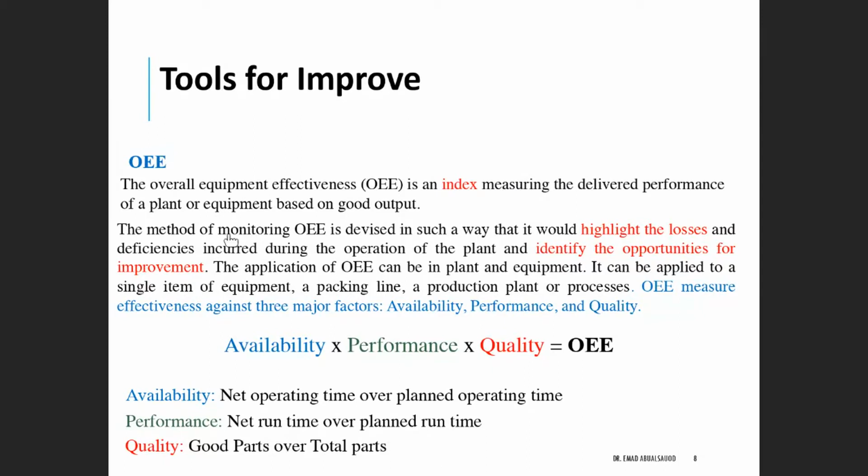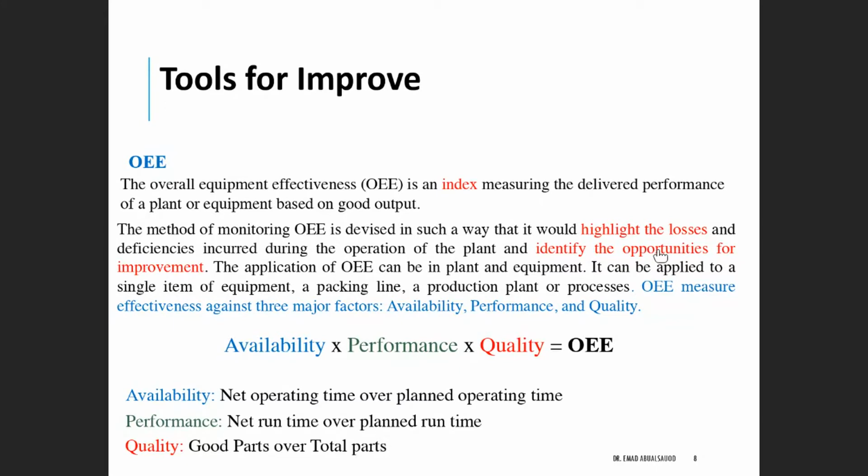OEE stands for overall equipment effectiveness, but here we don't have it as an approach. This is more of an index. It is calculated, a mathematical approach or mathematical tool for measuring performance. The method highlights the losses and identifies the opportunities for improvement.